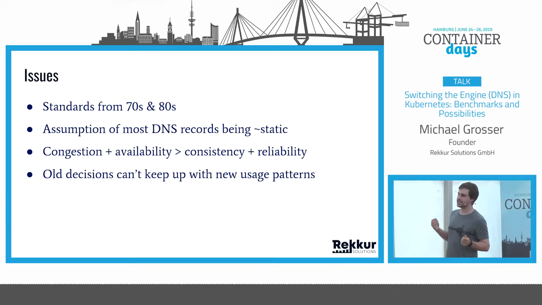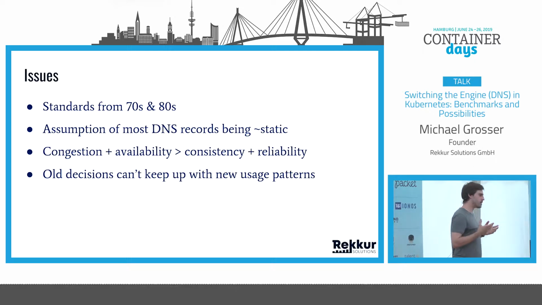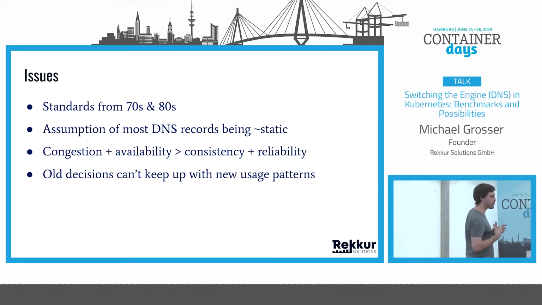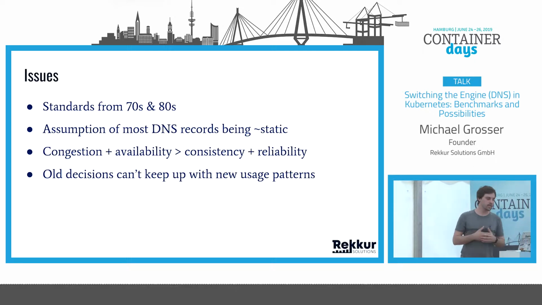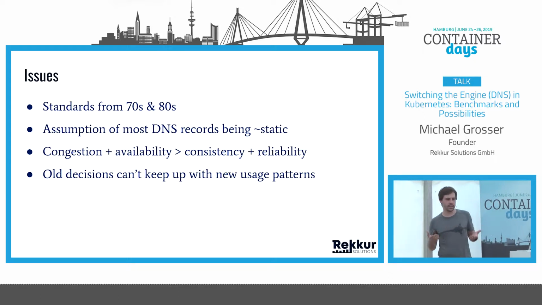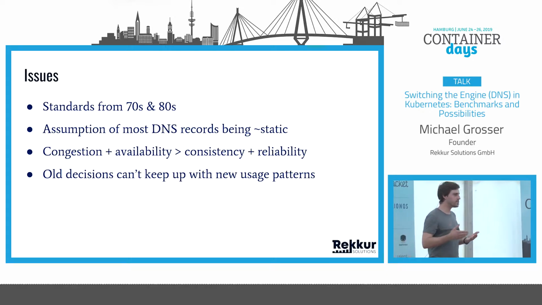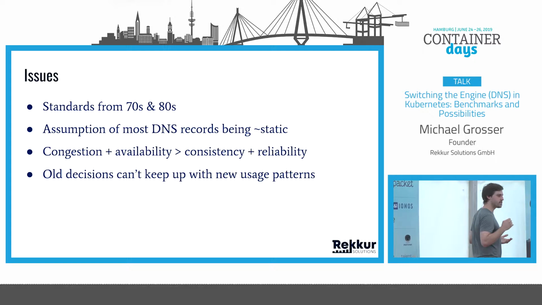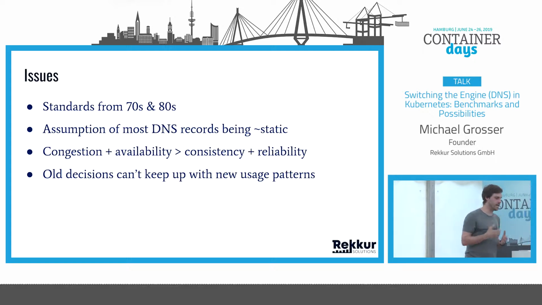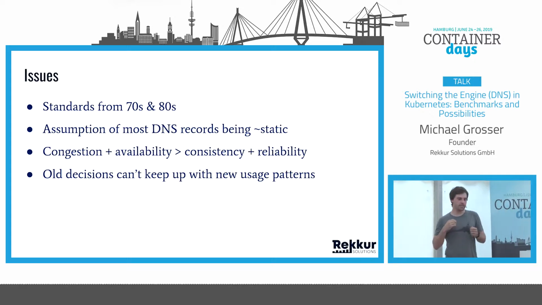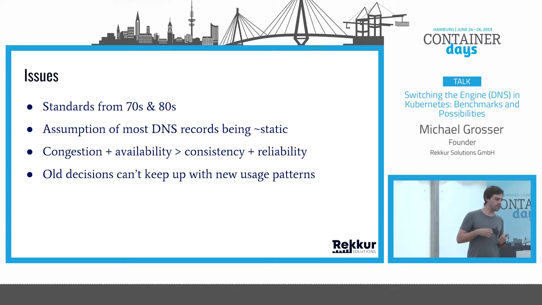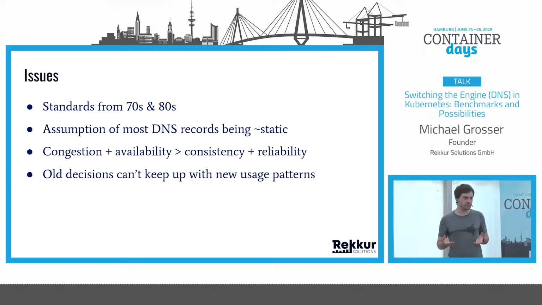So what is DNS? Basically, the prerequisites of the problems, or where they come from. DNS is basically a child of the early 80s. The assumption of DNS back then was that it's mostly static, it doesn't change a lot, and therefore it doesn't need to be real-time in that sense. There weren't that many high-performance, latency-sensitive applications back then.